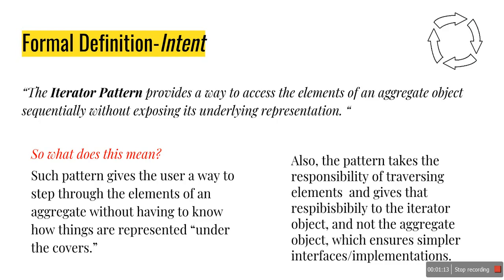By using the iterator pattern, the user is able to step through the elements of an aggregate without having to know how things are represented under the covers. So basically, the users can access multiple data structures without really needing to understand how they are working or how they are implemented.